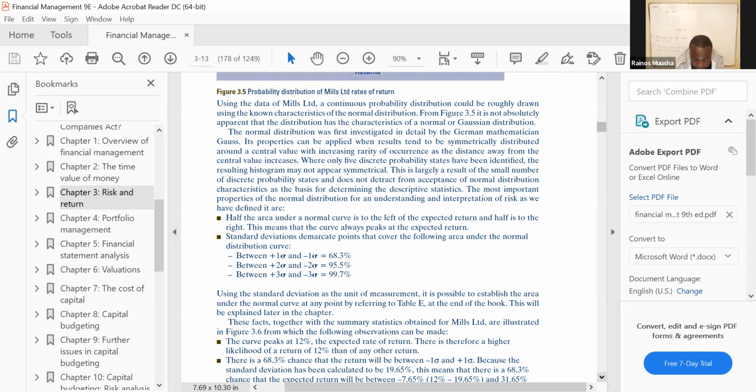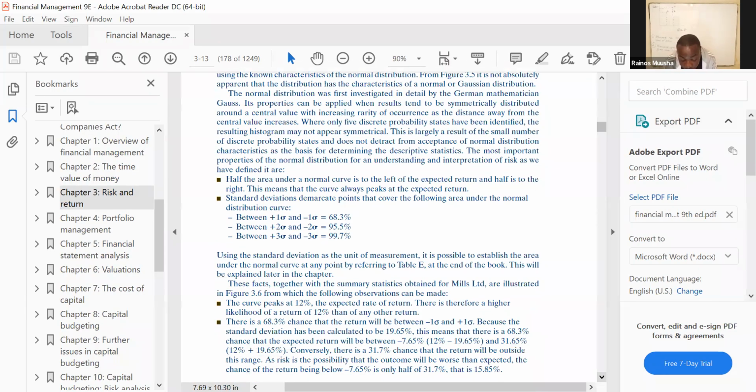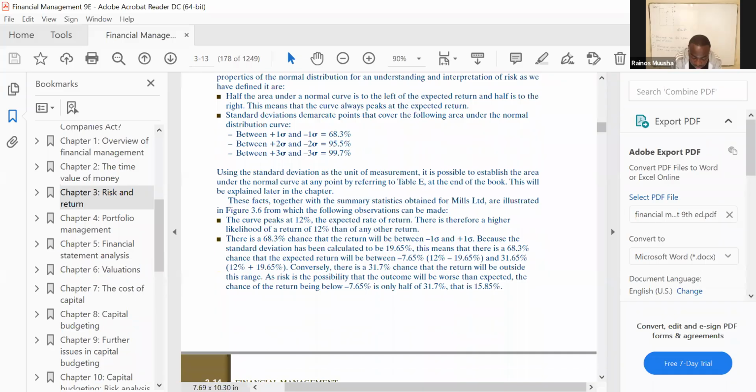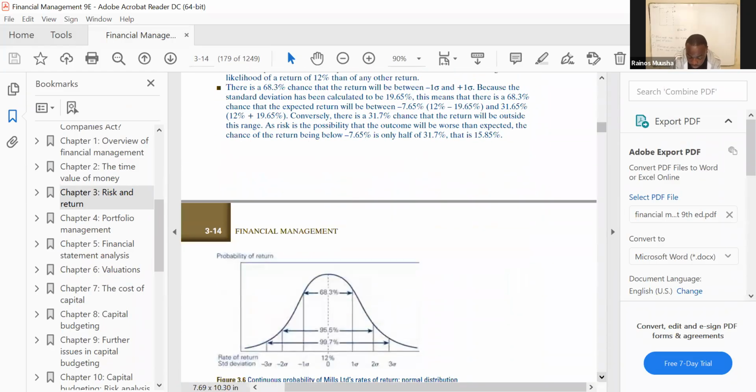Please take note, you didn't cover this distribution at undergrad level, and the lecturer is not expecting you to know it, that is, what range of returns you are expecting when you look at the number of standard deviations around the mean. Leave it out, it is not relevant to you.